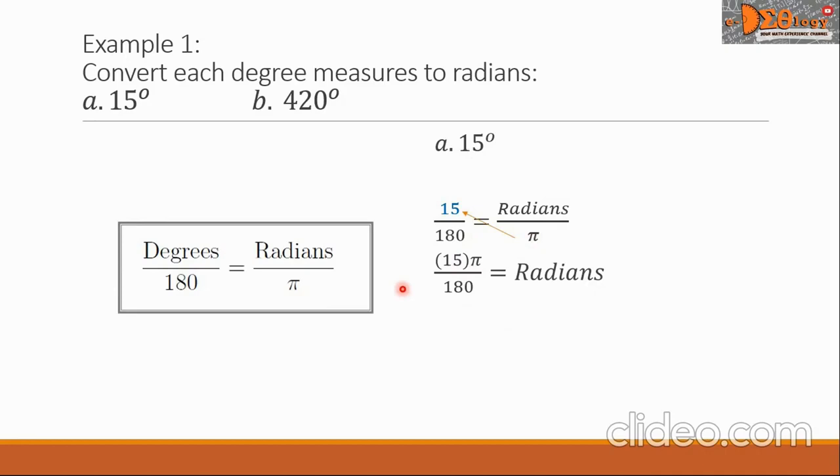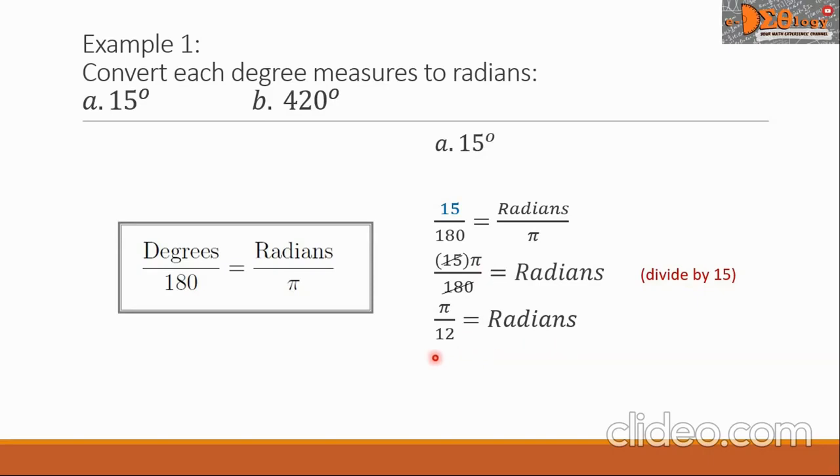Simplifying this further, we're going to divide by 15 the numerator and denominator of the left hand side. So the 15 divided by 15 will be 1. It is not written anymore. And then we just copy the pi down here over the 180 divided by 15, which is 12, and equals the right hand side, which is radians.